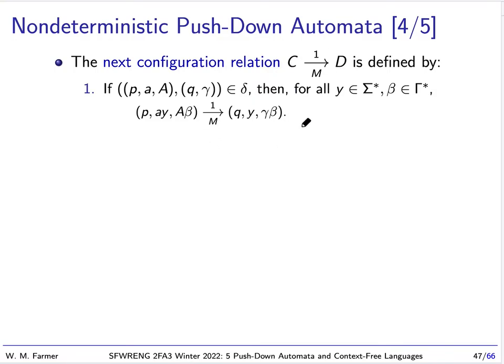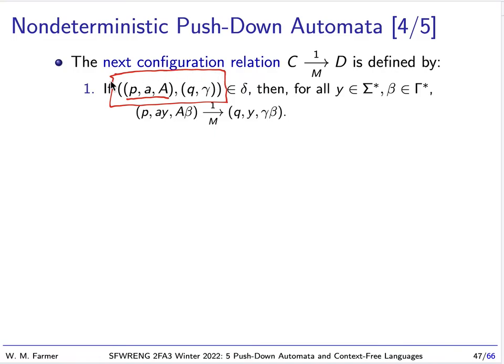And basically I'm repeating what I already said about how the machine works. So if we're in this state and we have this pair in our transition, then what we're going to do is, let me back up.